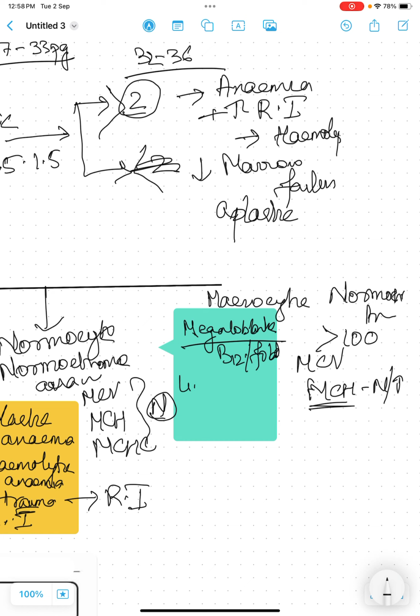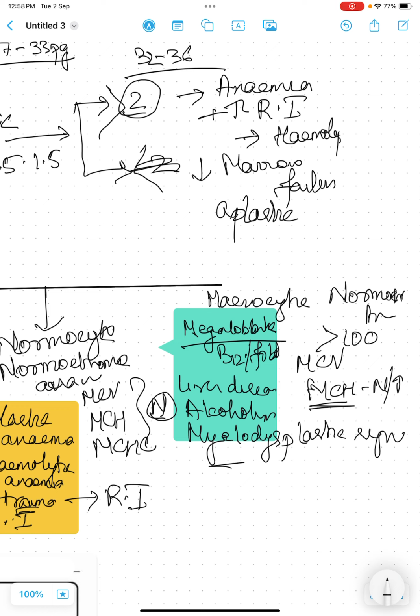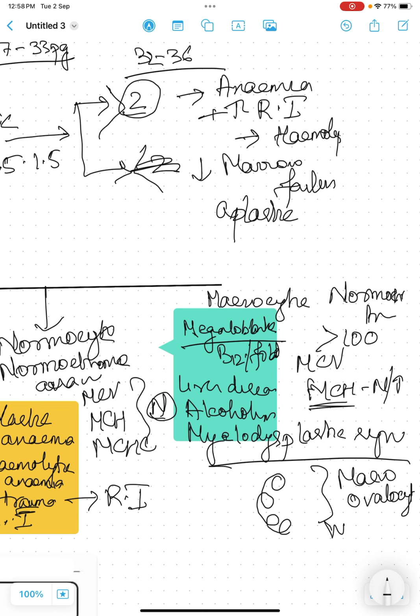Other causes are liver disease and alcoholism. There is also myelodysplastic syndrome. In macrocytic anemia, you will get macro-ovalocytes, or hypersegmented neutrophils.